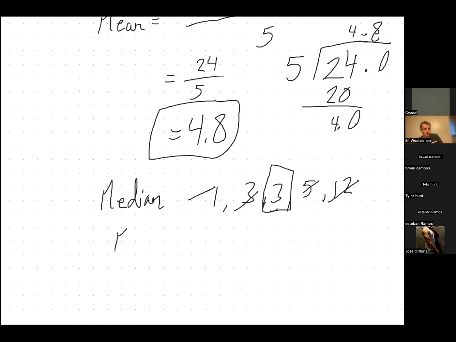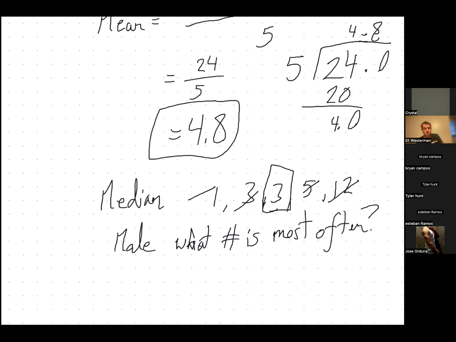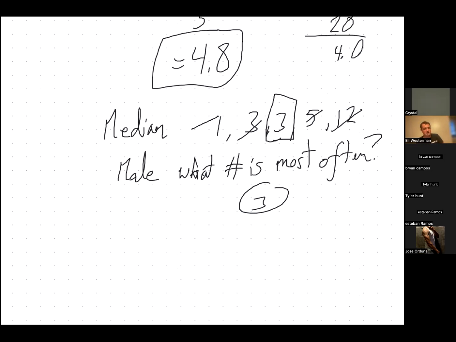The mode. What number is most often? Well, what happens more here is 3. 3 happens the most. And finally, what is the range? The range is 12 minus 1 equals 11.